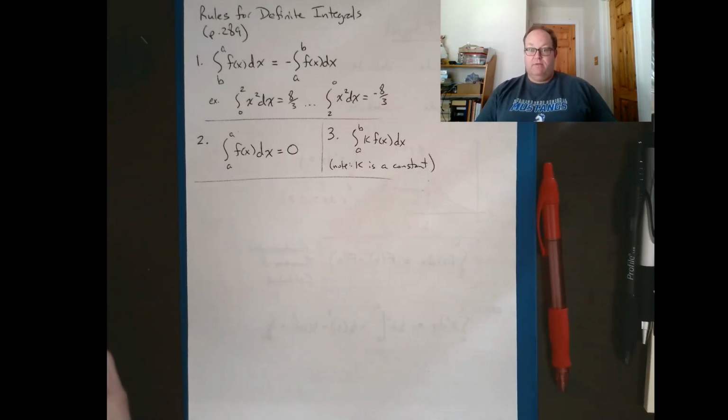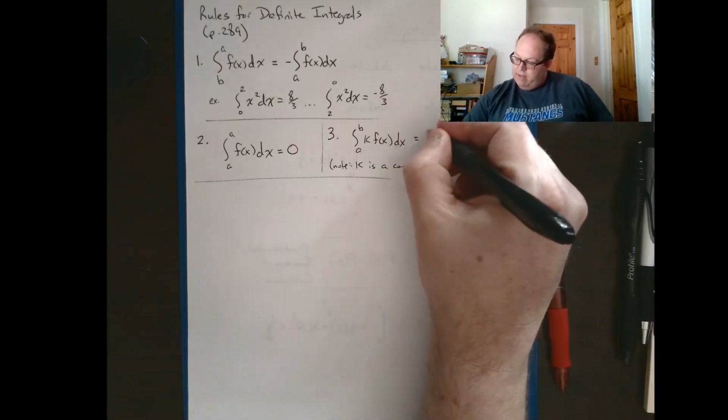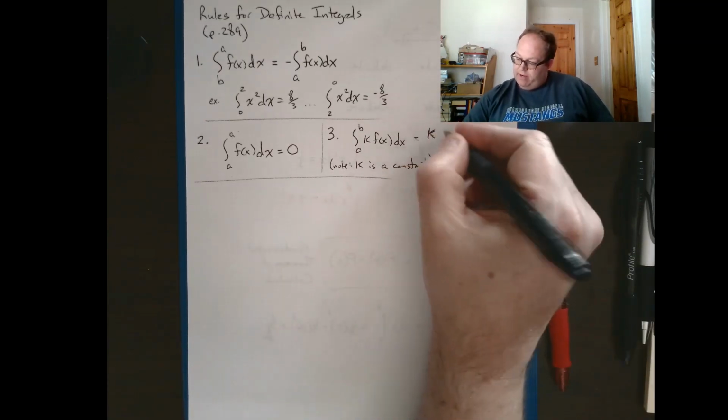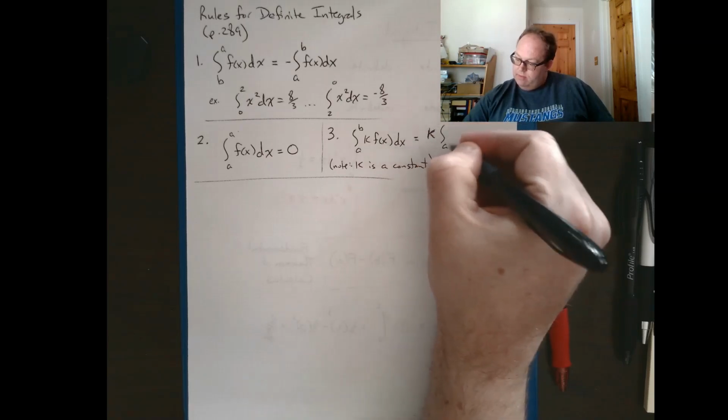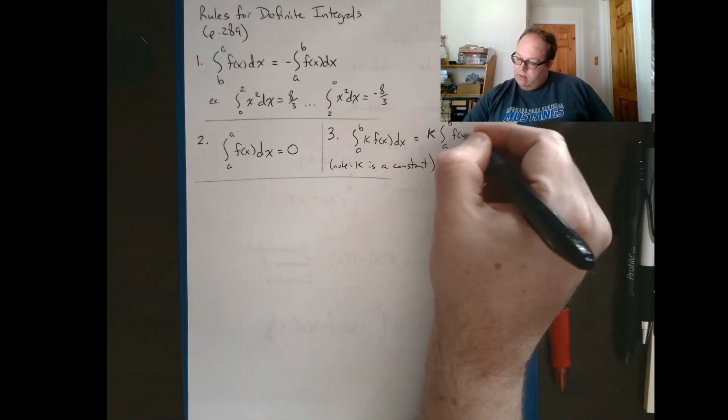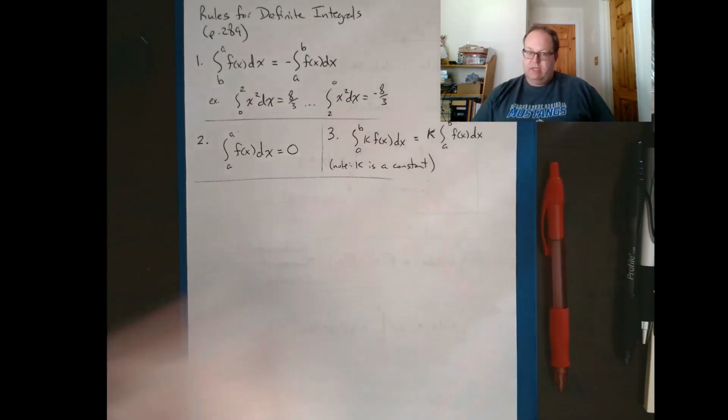Just like with the derivatives, the constant multiple just stays a constant multiple throughout the whole thing. So this would be the same as if I had k outside my integration and just end up integrating the function.